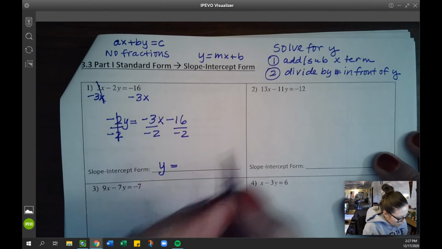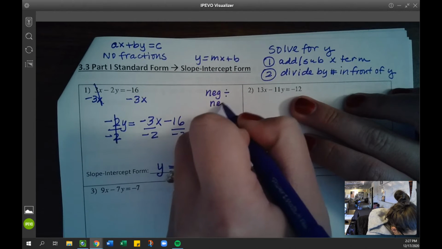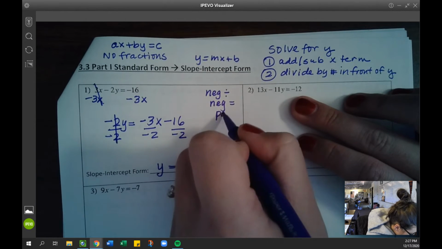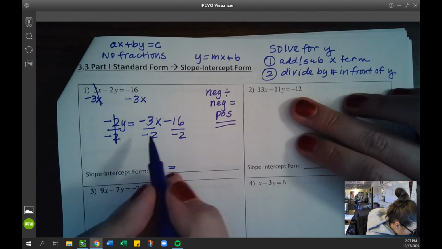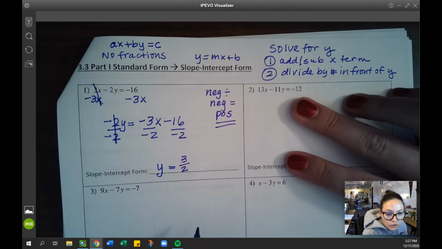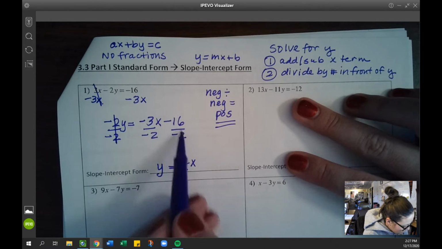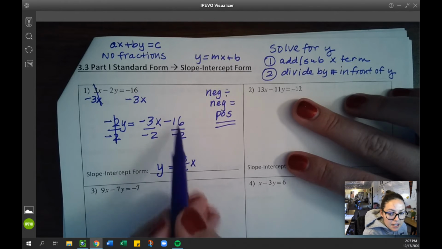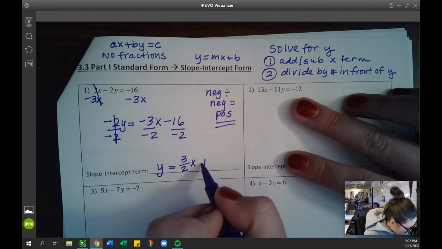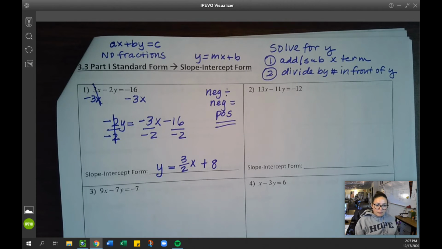However, a negative divided by a negative equals a positive. So I can actually write this as positive 3 over 2 x. And again, negative divided by negative is a positive, but this does divide evenly. 16 divided by 2 is 8. And there's our slope-intercept form. Y equals 3/2 x plus 8.